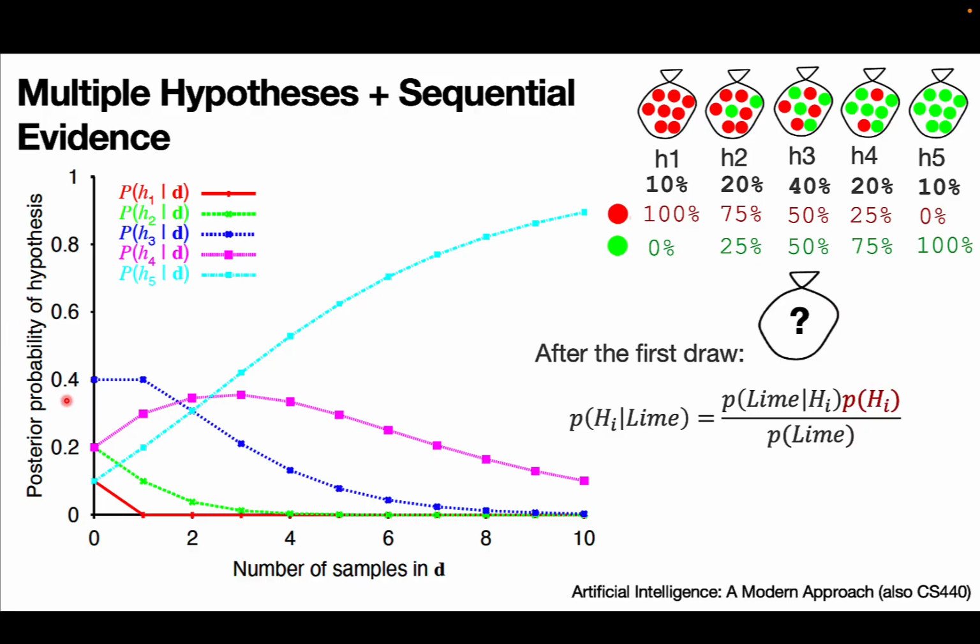At the beginning, we have the prior probability, which is 10%, 20%, and 40%. One key observation: after the first draw, we go and compute the posterior probability. You are going to get different things based on the proportions of cherry and lime, but bag number 1 zeroed out because it's out of the game. There are no limes inside this bag.